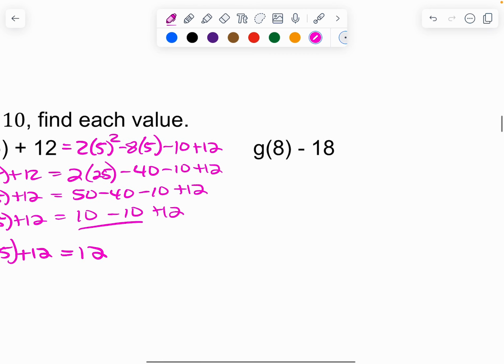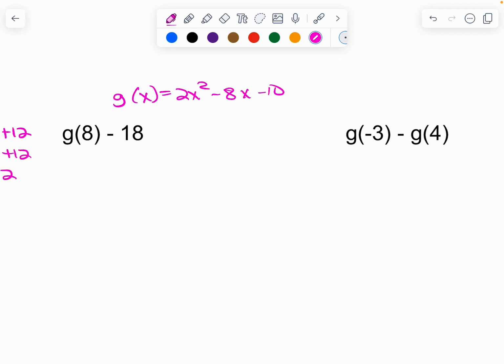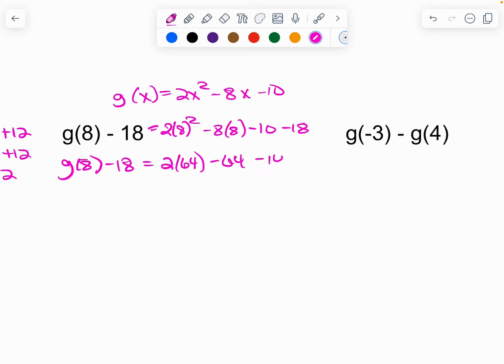Okay, and so G of 8. So 2 times 8 squared minus 8 times 8 minus 10 minus 18. So g of 8 minus 18 equals 2 times 64 minus 64 minus 10 minus 18.